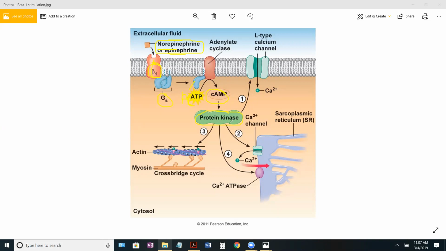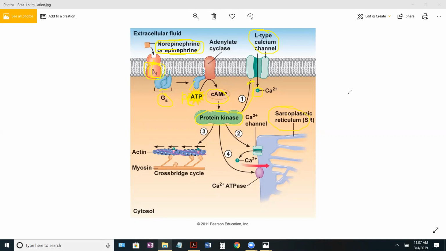The main point is that when you stimulate the beta 1 receptors with epinephrine and norepinephrine, you phosphorylate the calcium channels present on the heart surface, and due to the phosphorylation, the calcium channels will open up and calcium will start entering the cardiac cell. Not only that, this protein kinase A will also open up the channels present on the sarcoplasmic reticulum.